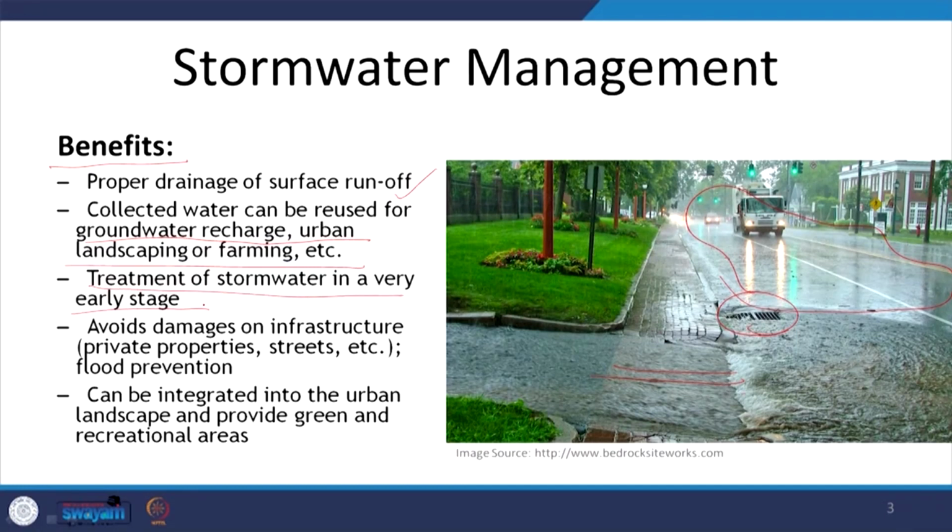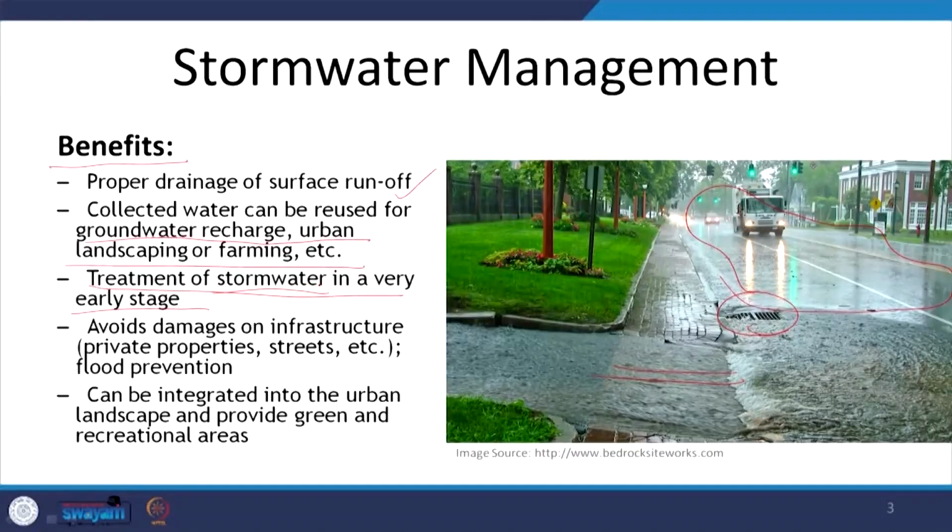If it is not properly managed, the storm water, which is good water, can merge with the grey water or black water in the drains, and that cannot be treated, or if it has to be treated, it will come at a very high cost, much more than if we intercept and collect this storm water early and then treat it.